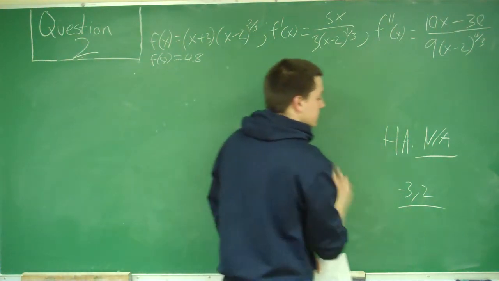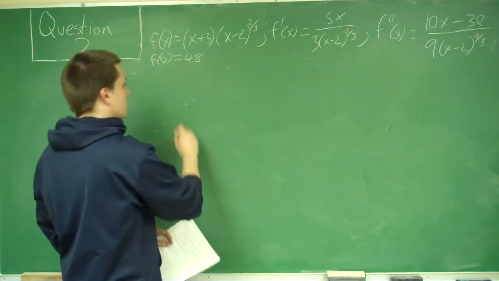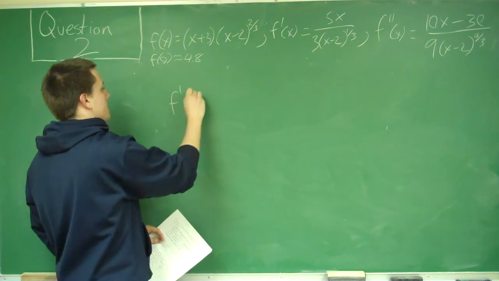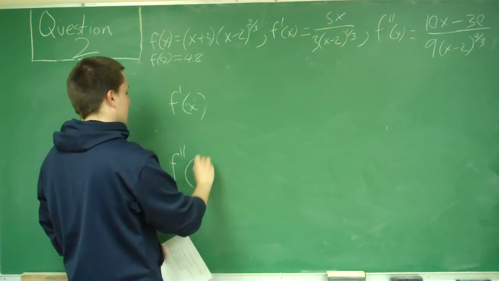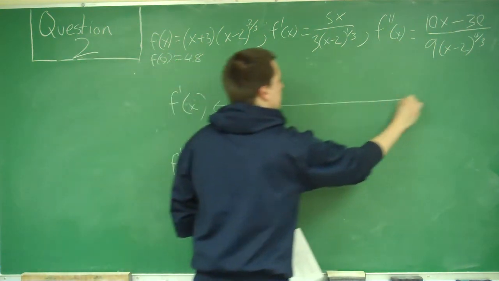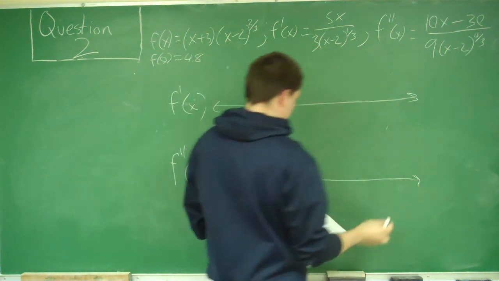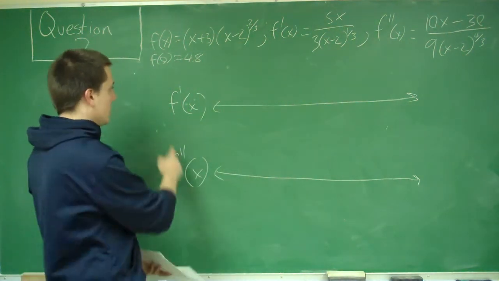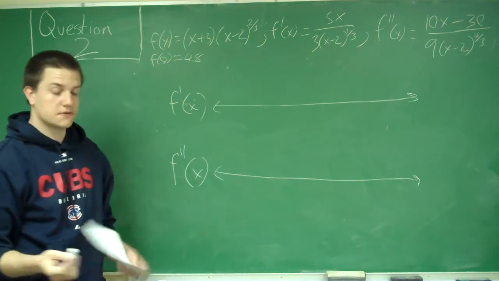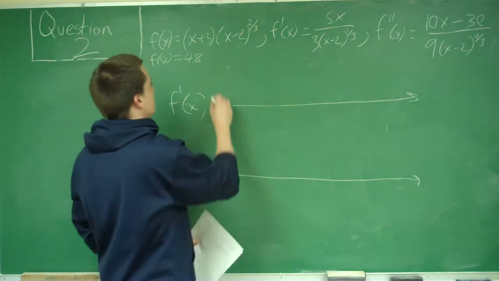Part 2 asks us to do a sign chart for f prime and f double prime of x. Alright, so for f prime, what we're going to do is first find the critical numbers. So we take f prime and set it equal to 0.